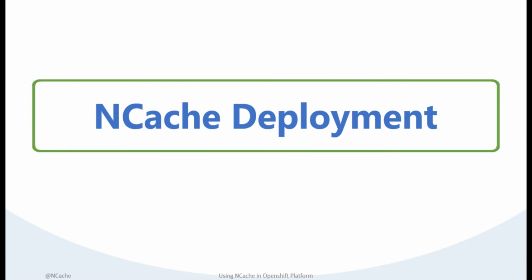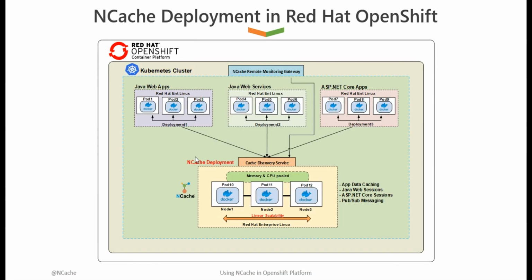First of all, let's review NCache deployment in Red Hat OpenShift Container Platform. Here is a typical deployment of NCache in Red Hat OpenShift Container Platform. I'm showing a single Kubernetes cluster with different application deployments as well as NCache cluster deployment.